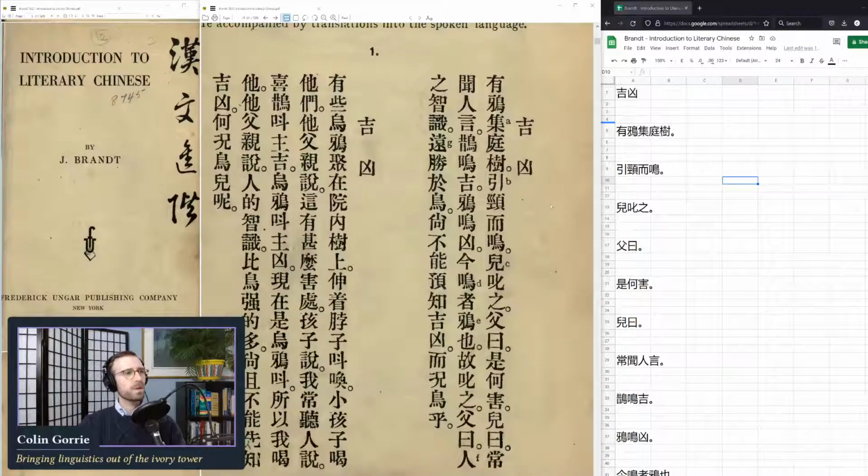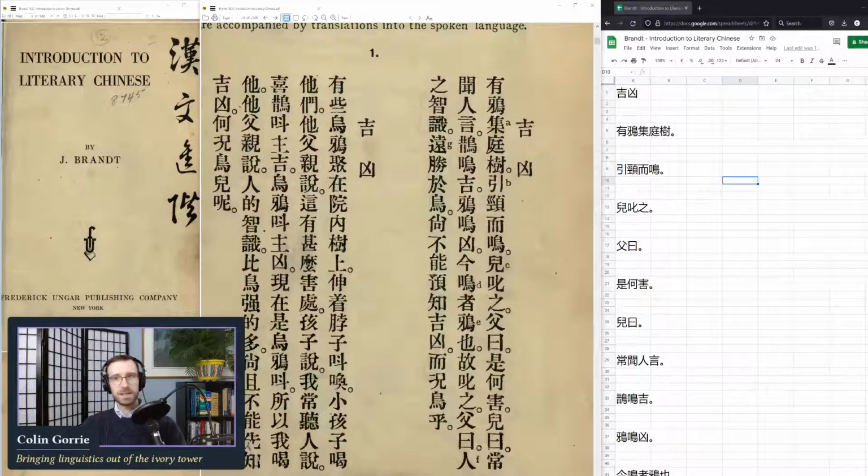What I've done is copy out the text. One thing that's interesting is that we are going from top to bottom and right to left. That's the order in which Chinese was once read, and of course now we see Chinese written left to right, top to bottom, but at the time you would start at the top right, go down, and then across to the left. So we're going to be going this way, if you can see my mouse there.